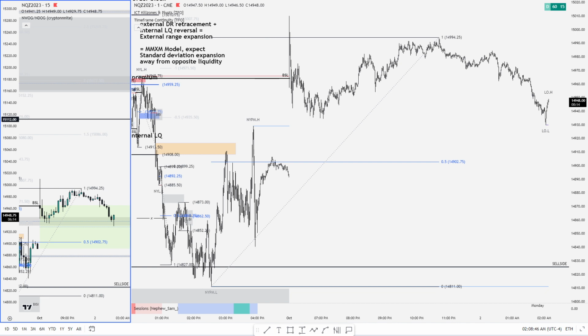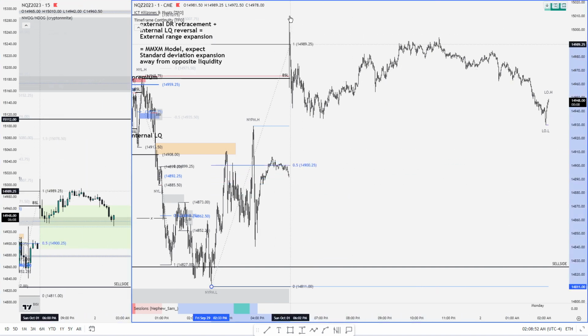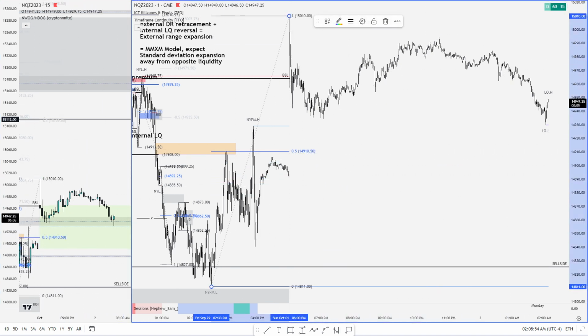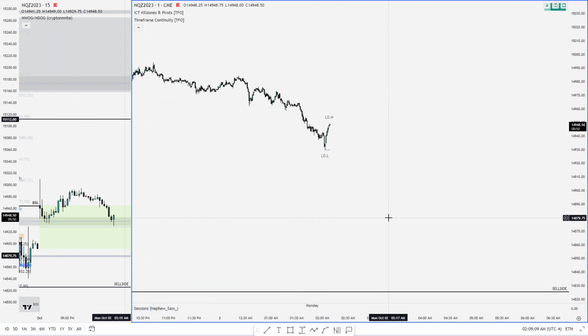Want to see 14902.75 or 14910. So we'll say 14910 just to be safe. With tomorrow's price action. Okay, so we'll see about that.